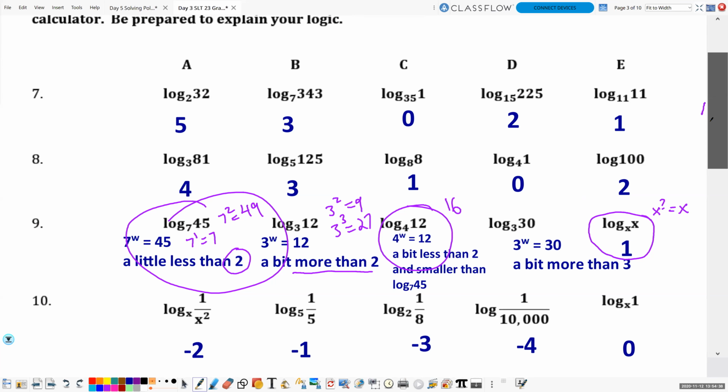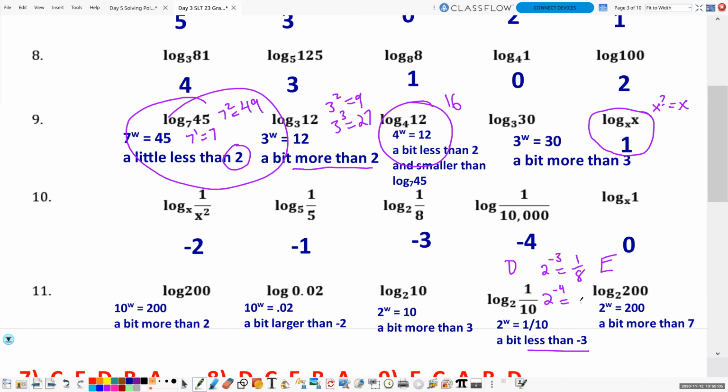Okay, and then I'm not sure I agree with that. 2 to the negative 4 would be 1/16. I think this is a typo. It should be -4. No. Yes, a little less. I'm so stupid. Less than -3 would be closer to between -3 and -4.